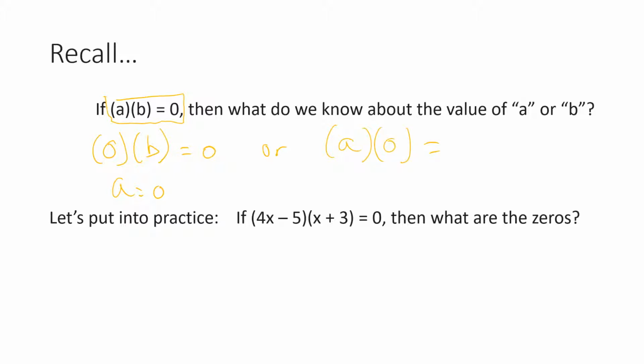So any number times 0 will also give you 0, so B could equal 0. When you have a product of 0, then one or more of the factors has to equal 0.